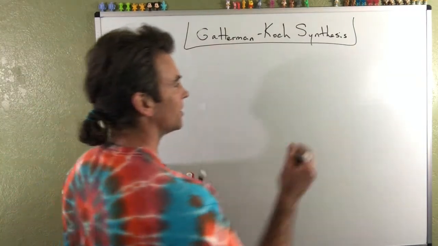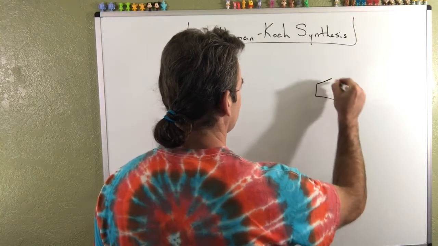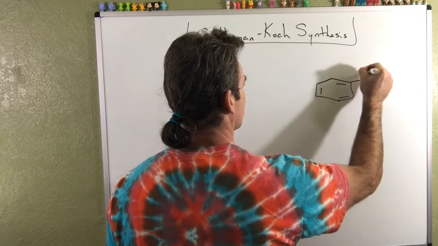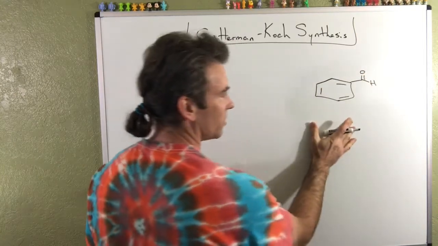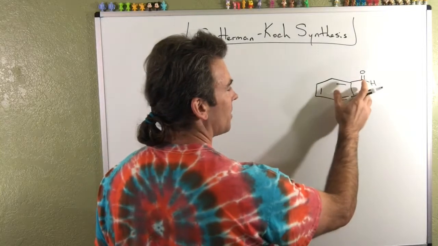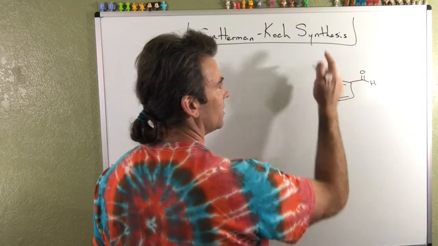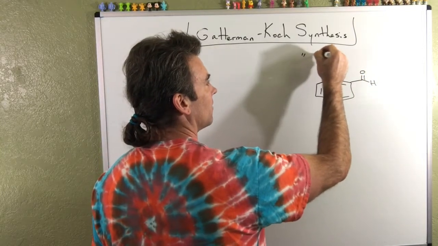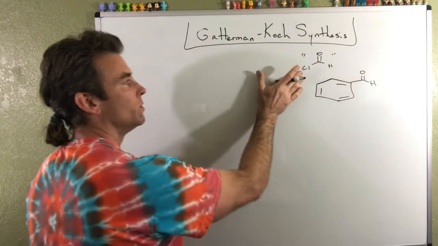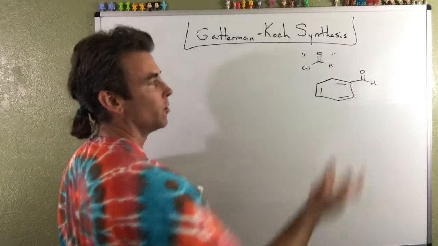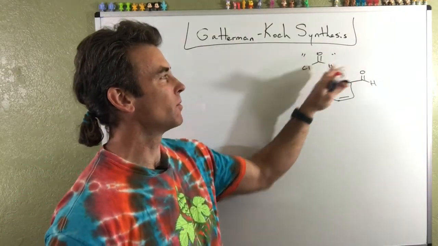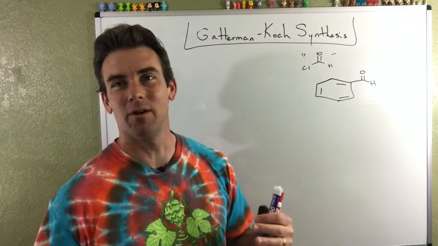So let's say that our synthetic target was this pretty simple benzaldehyde species. Here's benzaldehyde. Well, if you were thinking of having the equivalent of this as a starting material with your aluminum chloride catalyst, it turns out there are a lot of problems with having this thing exist in real life.